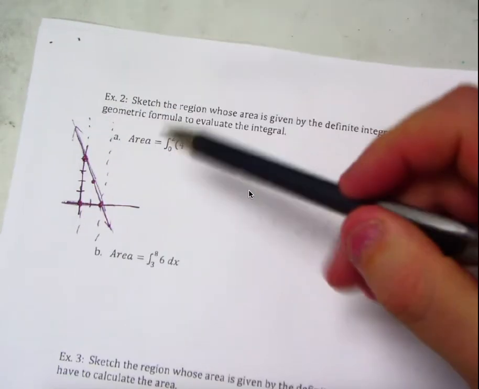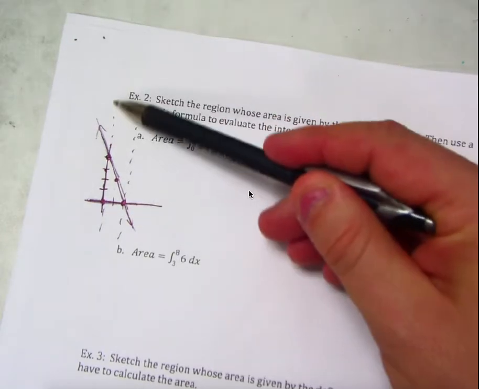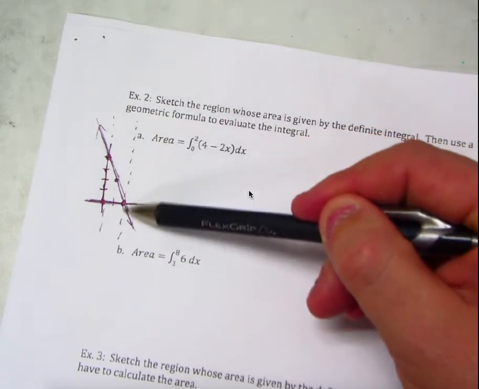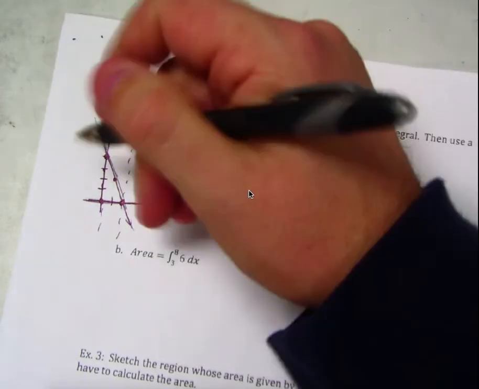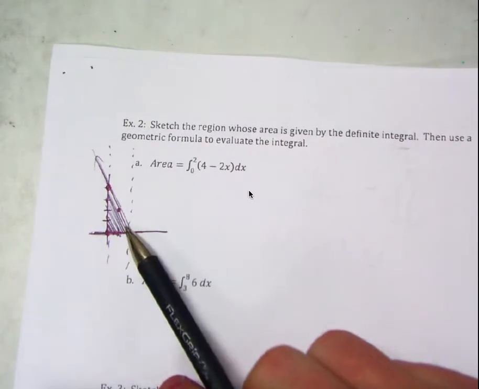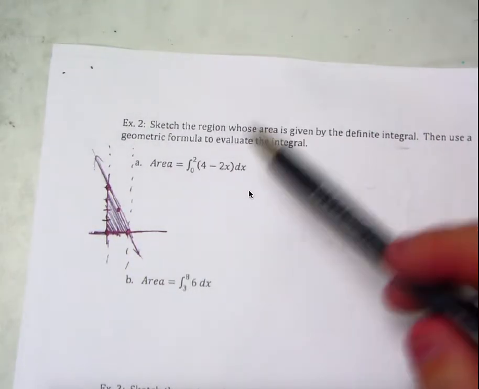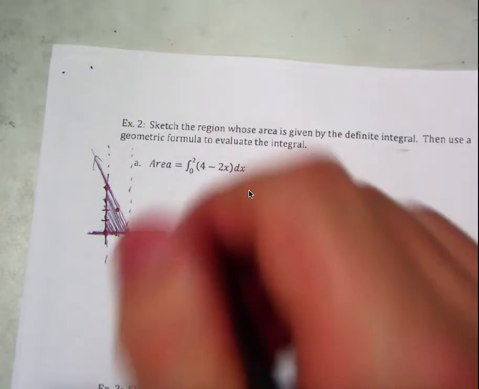So our region, let's think about what we're bounded by. The x-axis, this graph, this vertical line, and this vertical line. So if all these are boundary lines, then we're bounded in this little triangle right here. So this definite integral is just referring to the area of this triangle. That's what this whole thing is standing for. And we know how to calculate the area of a triangle.